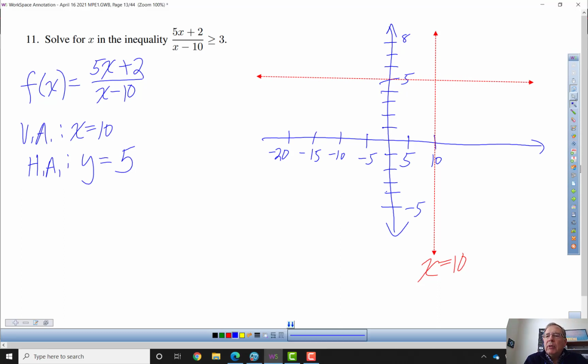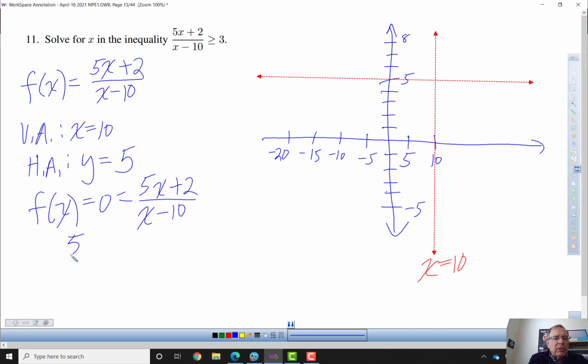And now I'm going to find the x and y intercepts. So the x-intercept is going to be when f of x equals 0, so that's (5x + 2)/(x − 10).